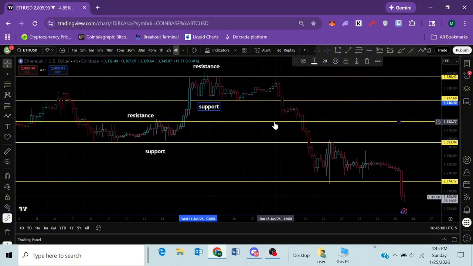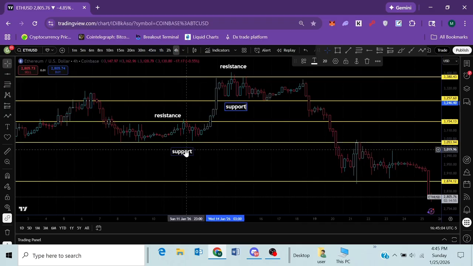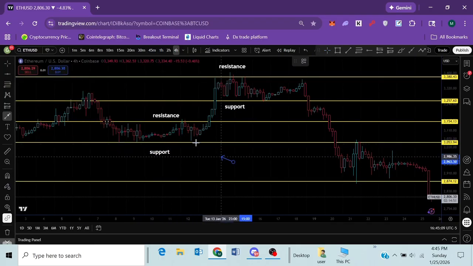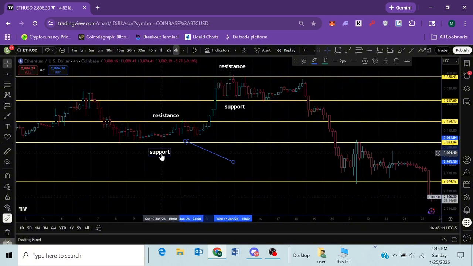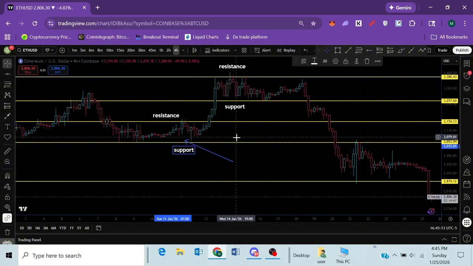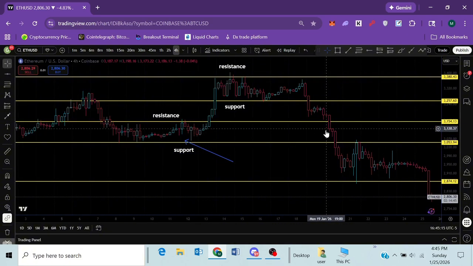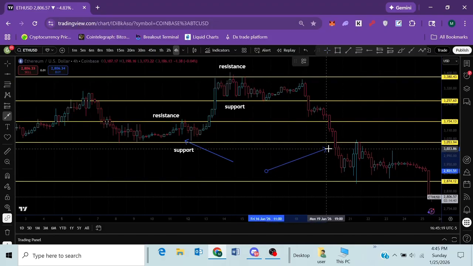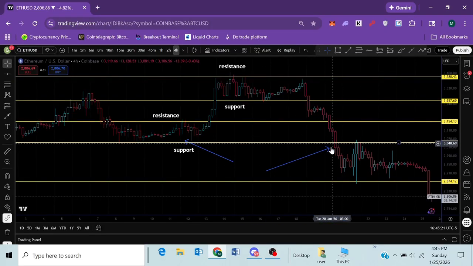Now, something I do want you to notice is this over here was your support right here, right? This right here was your support. But once it broke below it, it then used this previous support as a resistance.